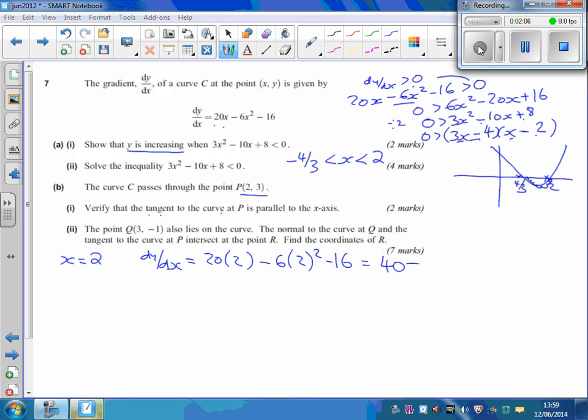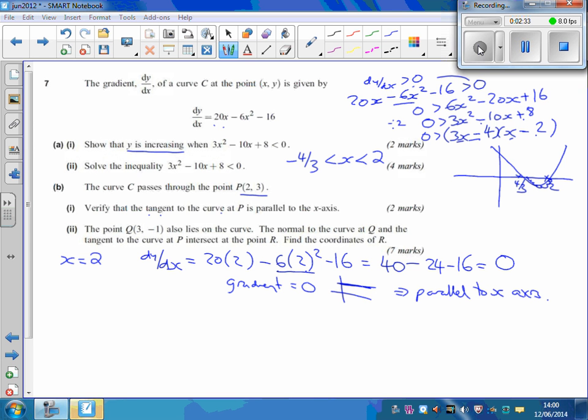So that's 40, take away, well, that's 4 times 6 is 24, isn't it? Take away 16. Wow, that gives 0. So if the gradient equals 0, then you can imagine we've got a flat line here, haven't we? A flat tangent, which is parallel to the x-axis.